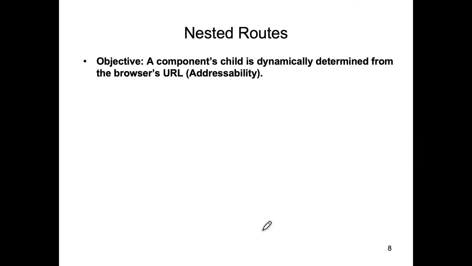Where you might use this nested route idea is if one of your component's children is dynamically determined based on some characteristic in the browser's current URL address string. So the URL address somehow determines which particular child a component of yours should have.